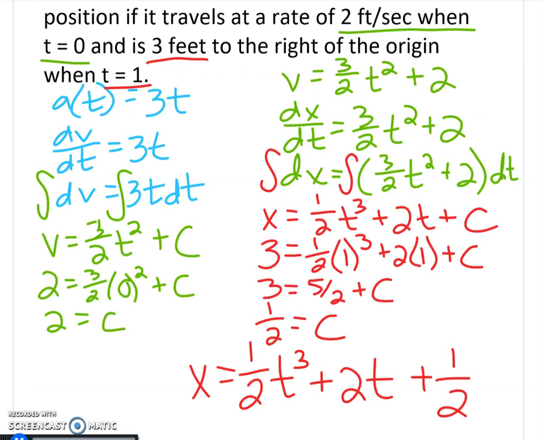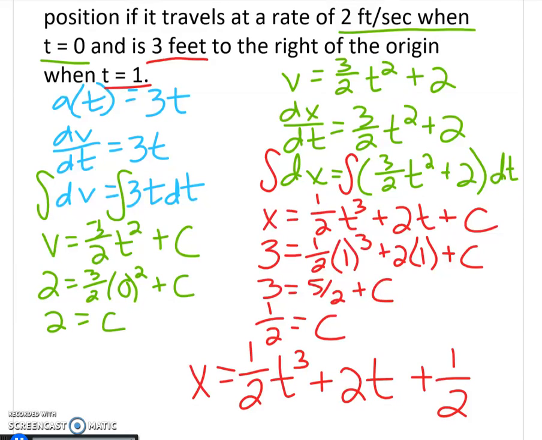Alright, so I started with the acceleration function of 3t, rewrote that as a differential equation of dv dt equals 3t, separated my variables, integrated that to get v equals 3/2 t squared plus c. Then I used the information underlined in green at the top of a velocity of 2 feet per second when time is 0 to solve for that c value, which is 2. That takes me to the top of the right column.